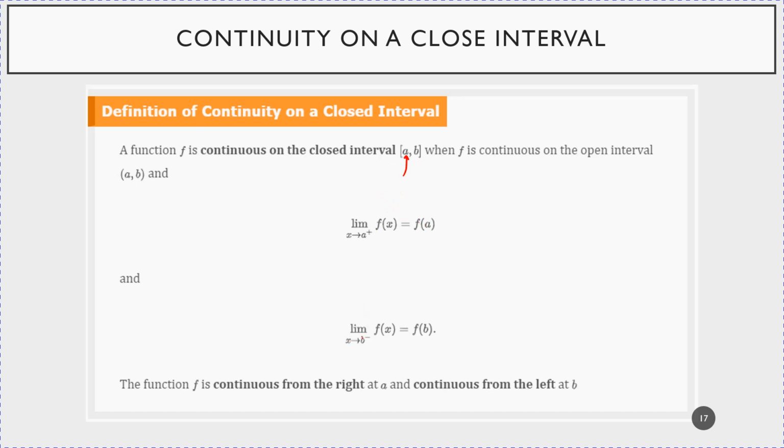And the limit as x goes to b from below of f of x is equal to f of b. So the function is continuous from the right at a, and continuous from the left at b. If you have this case, you're able to say the function is continuous on the closed interval.